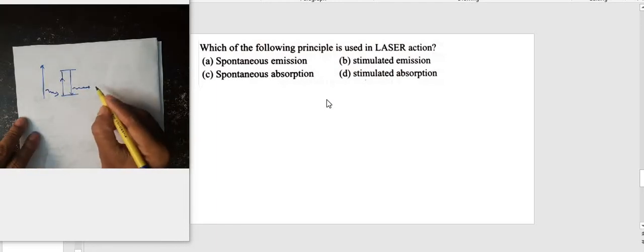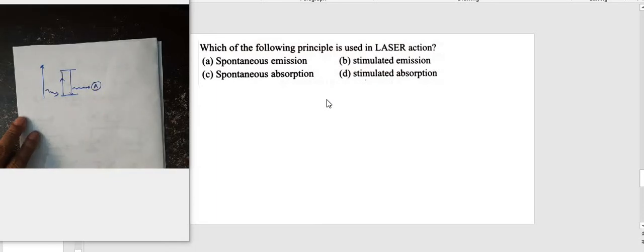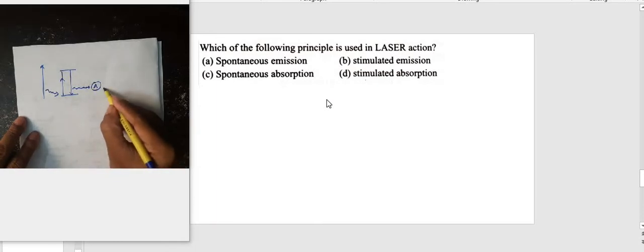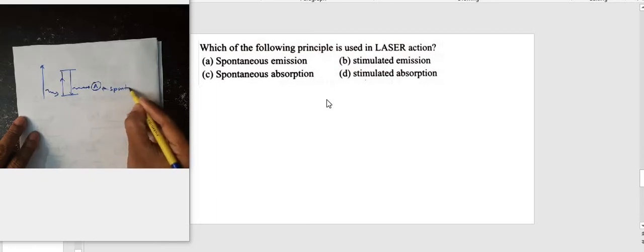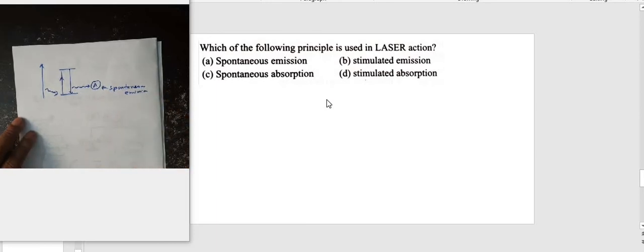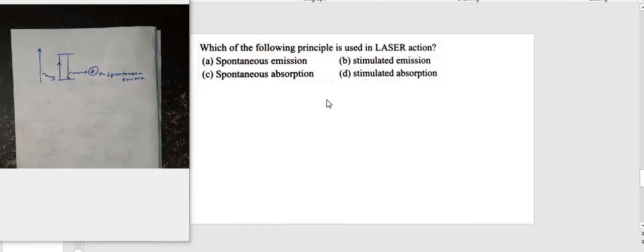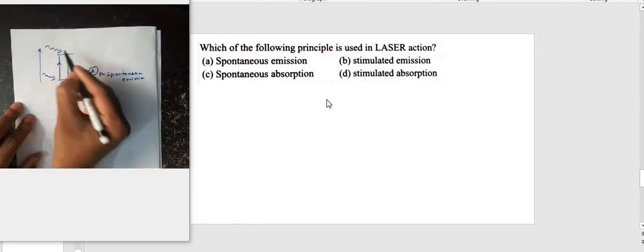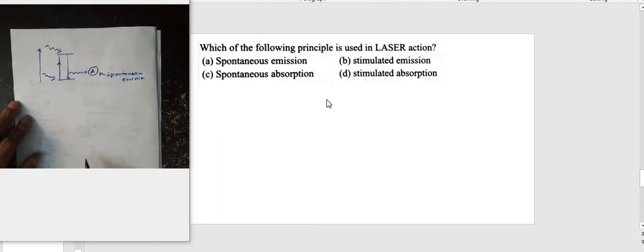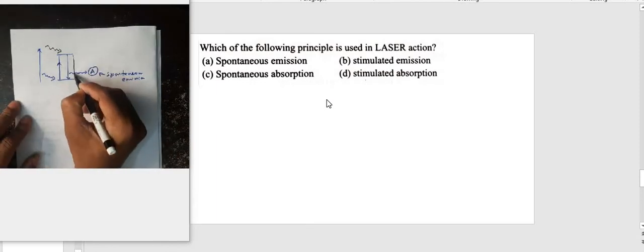So it is called spontaneous emission, and the rate constant for spontaneous emission is usually represented as A. Spontaneous emission is not responsible for laser action. For laser action, what is important is stimulated emission. The light that we pass can also make a transition from a higher level to a lower level. This is also possible. Let me draw like this.